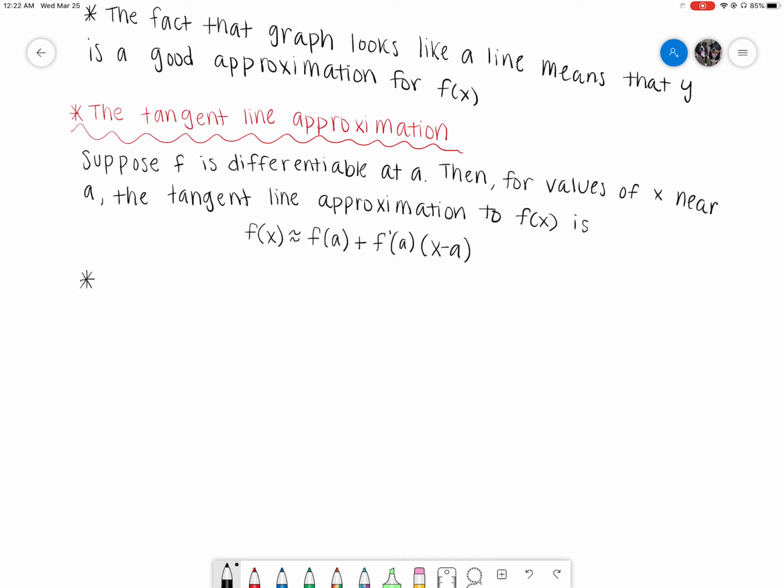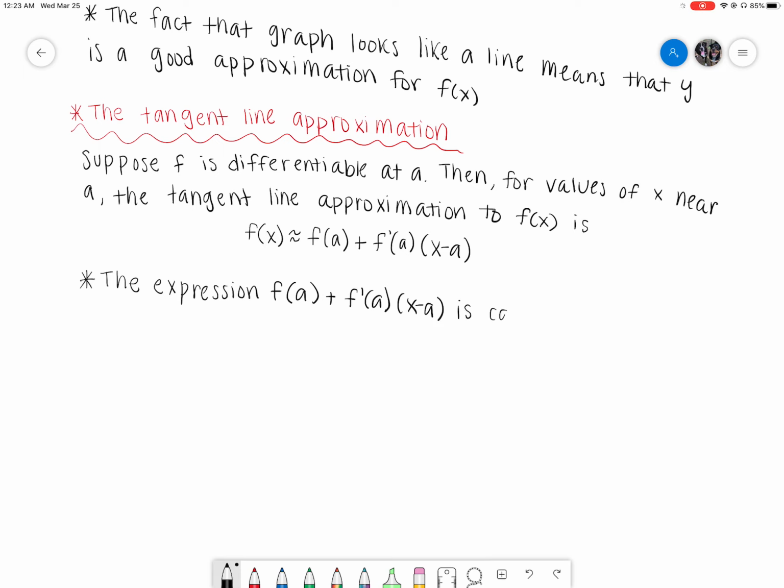And the expression f of a plus f prime of a times x minus a, often it gets a special name.